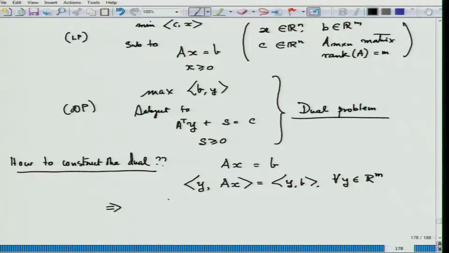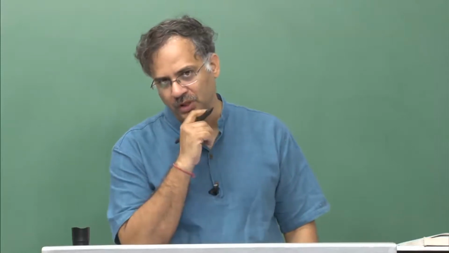So, this implies I can write, now what I want is that if I want to find a lower bound to this problem, the primal problem, how can I find it? If I know that there is a lower bound, there is a famous theorem which we have also proved here, that it will show us that this has a solution.